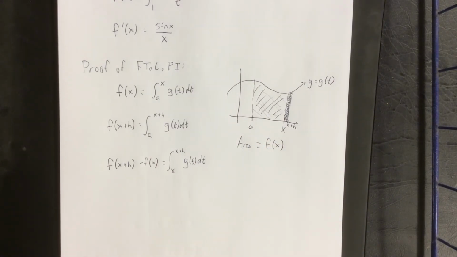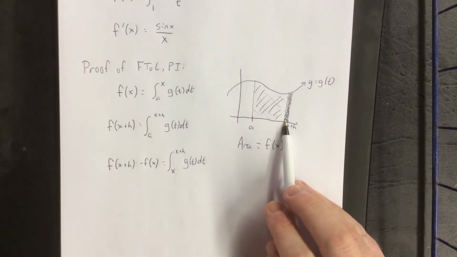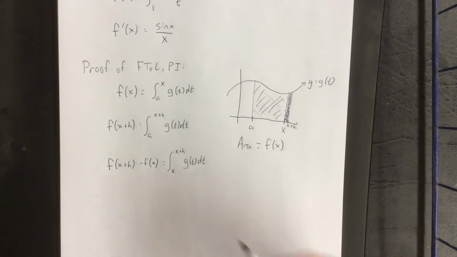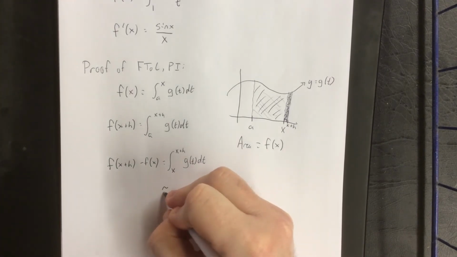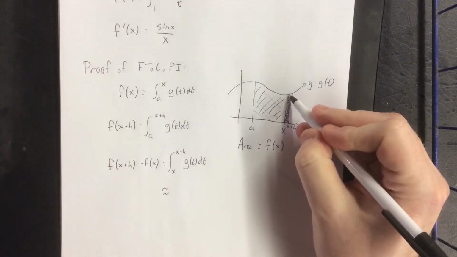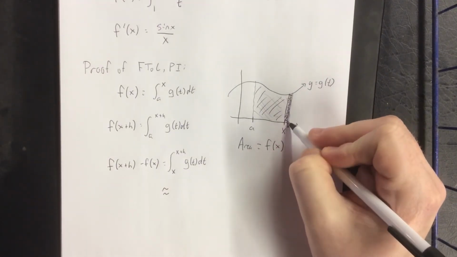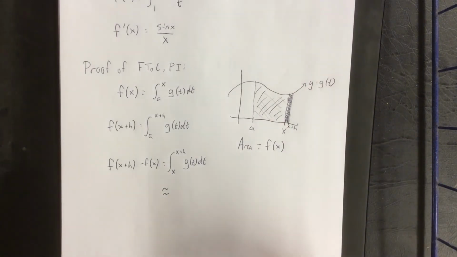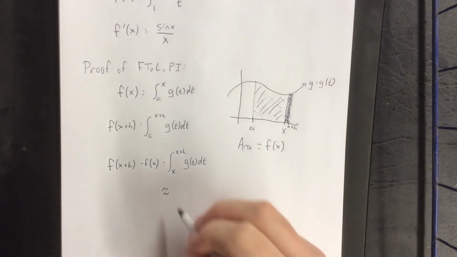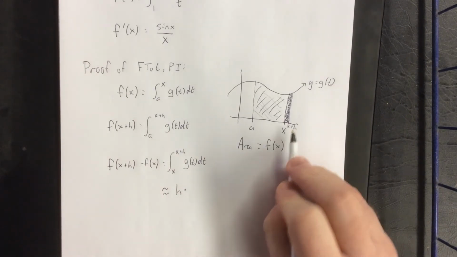Now we're assuming in here that h is going to wind up being very, very small. In fact, this width is going to become infinitesimal when that takes place. So what we're going to do is make an approximation. This is going to be approximately equal to the area of an approximating rectangle. The area of the approximating rectangle, we'll use a left endpoint for this. The length of the base is a little tiny change in x, which in this case would be x plus h minus x.